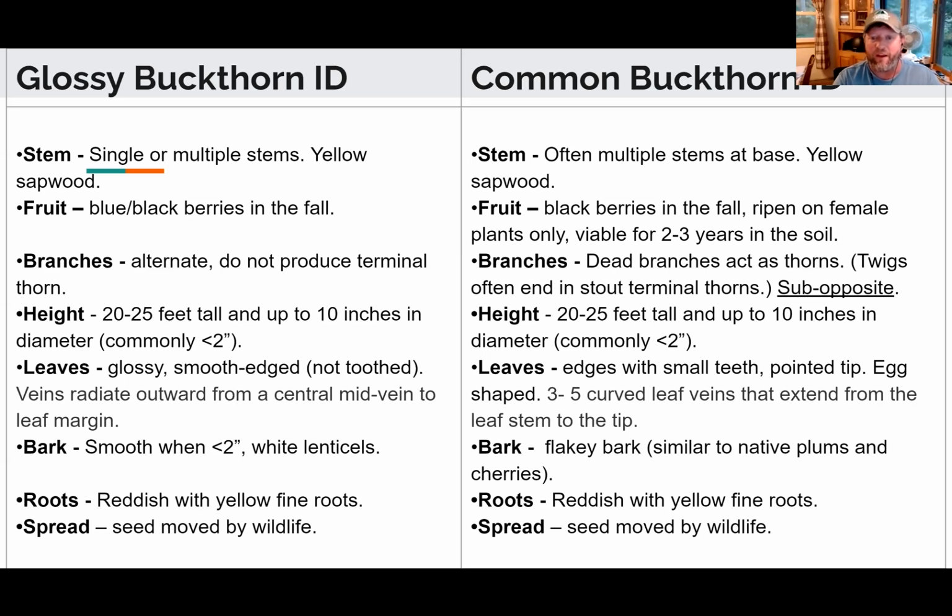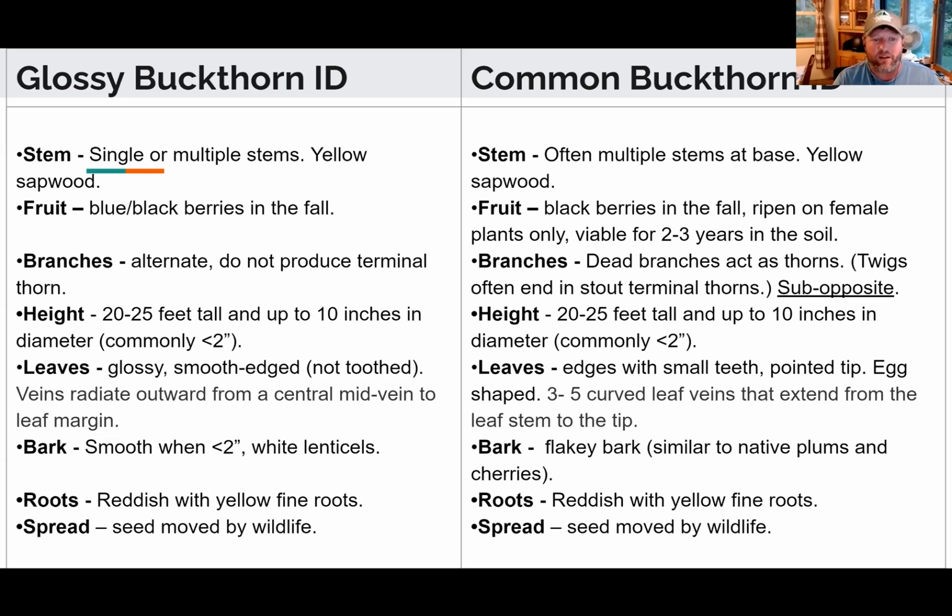It can be sharp, and the branches are often opposite, or what's called sub-opposite, where it's still pretty opposite, but a little off kilter to make it not a true alternate branching. The heights of these shrubs tend to be about the same, and the diameters, 10 inches is a big one. I've heard of folks having even bigger diameter buckthorn, and those are good firewood.